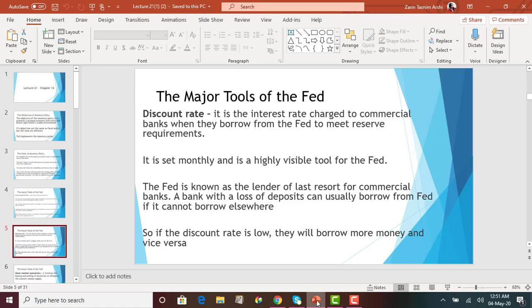The interest rate that the Fed charges to these commercial banks when giving out loans is called the discount rate. Again, commercial banks can take loans from the Fed, and there is an interest on that loan, and that interest rate is known as the discount rate.